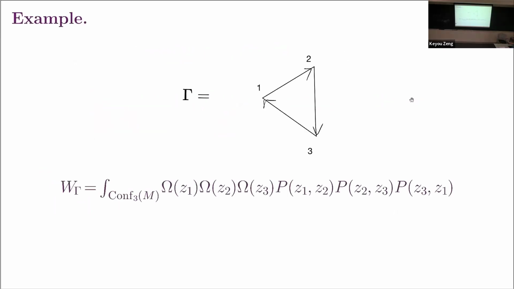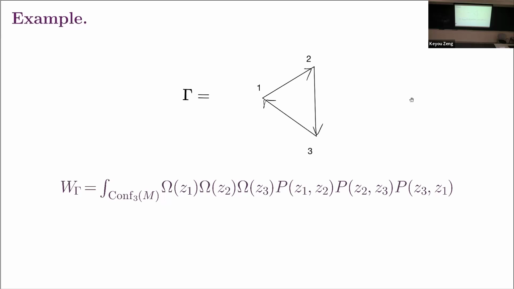Let's look at the following example. Assume we have a directed graph with 3 vertices and 3 edges. For each vertex, we can assign a point on our Calabi-Yau manifold M. For this vertex, we assign Z1, for this, Z2, and for this, Z3.